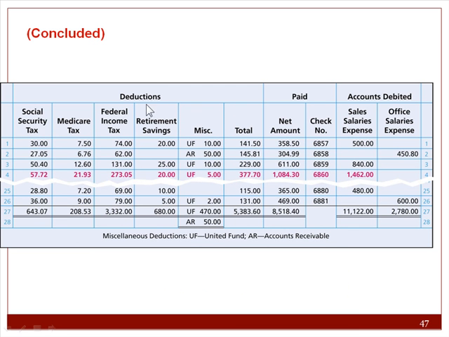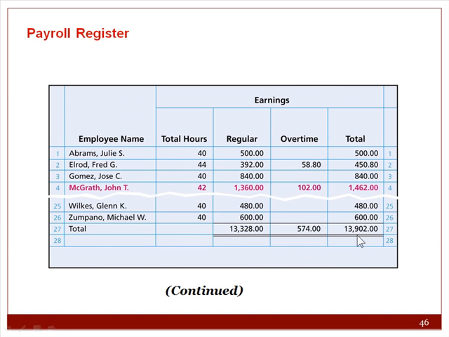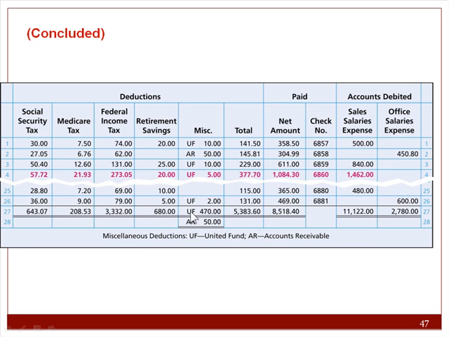Then here's all their deductions: Social Security, Medicare, federal, retirement, miscellaneous. So here's their total of deductions. Here was their earnings, here's their deductions, then there's the net. Then you pay them by check, and here's where it gets debited.